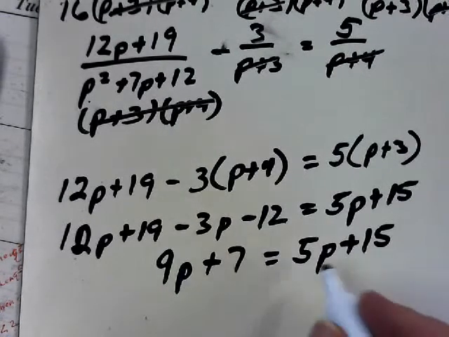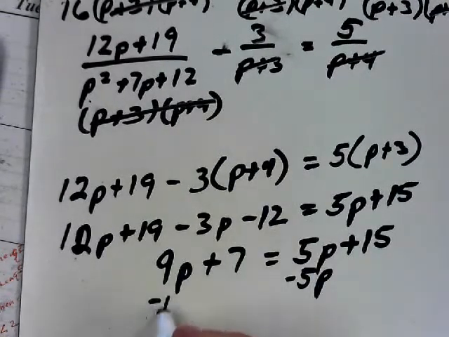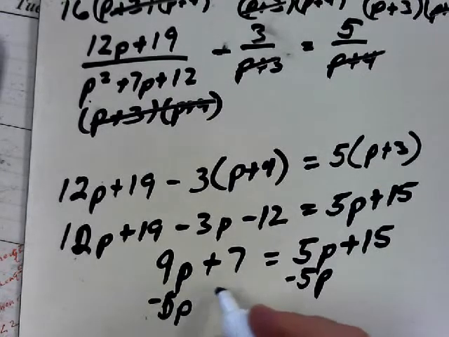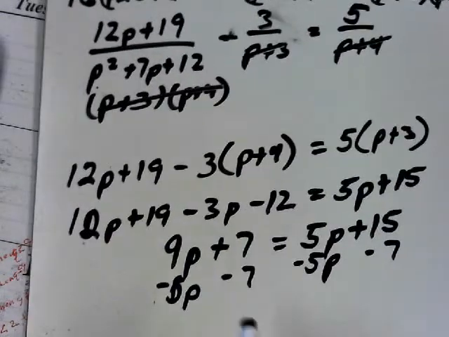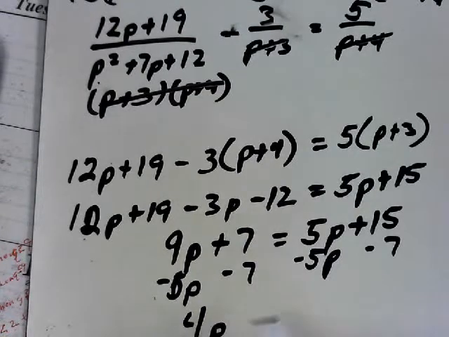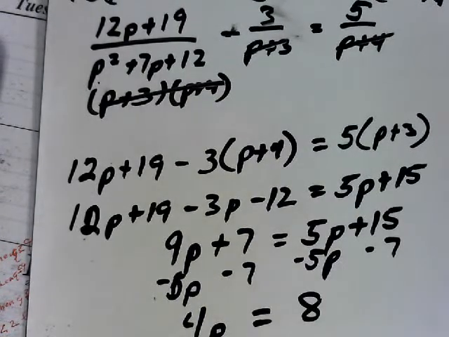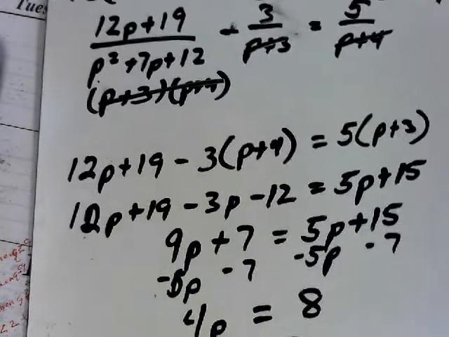Okay, so I subtract 5P, and subtract 7, which gives 4P equals 8. P would equal 2.